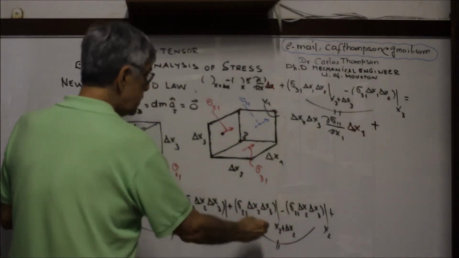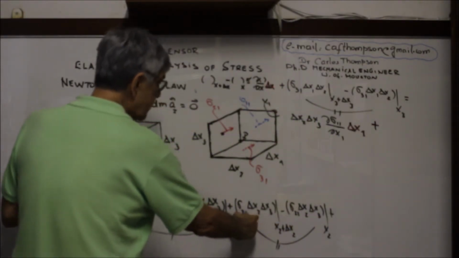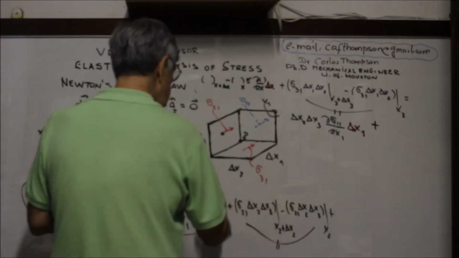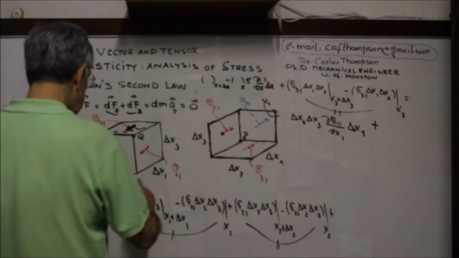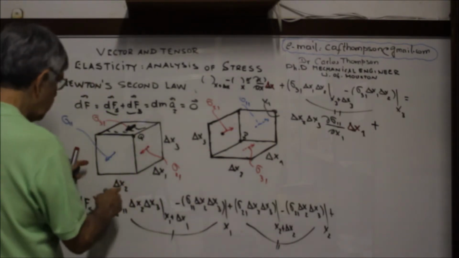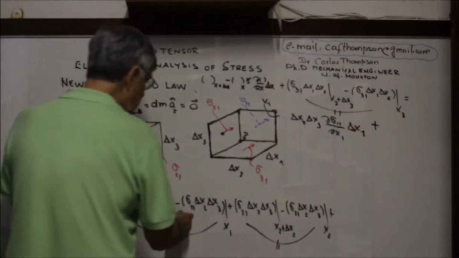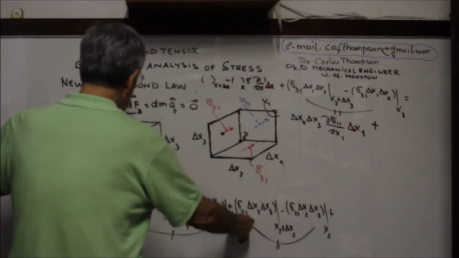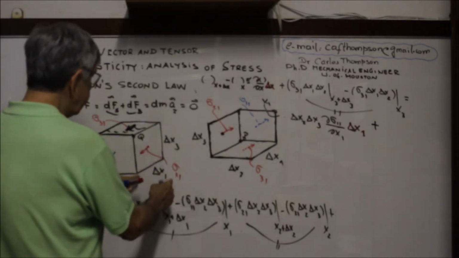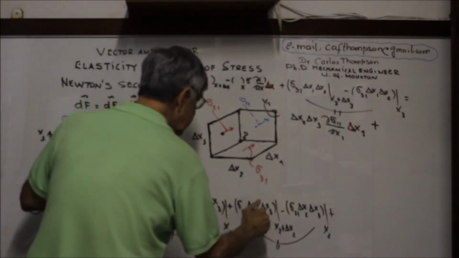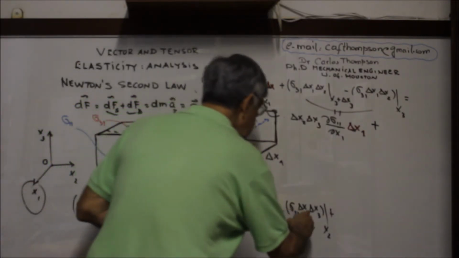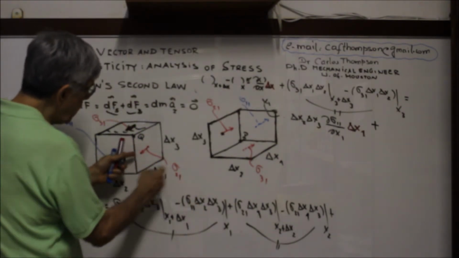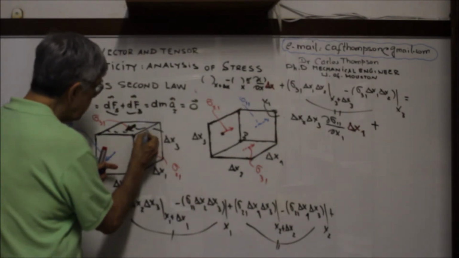Now I'll combine these two terms over here. Delta x2, delta x3 is constant. This is sigma 1,1 with delta x2, delta x3. This sigma 2,1 with delta x1, delta x3, because for sigma 2,1 the area is this area over here.